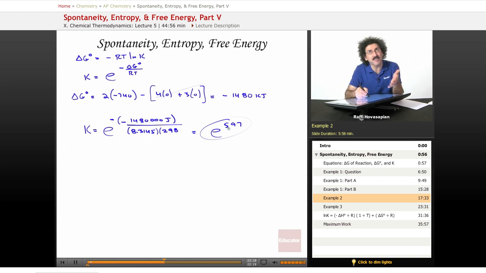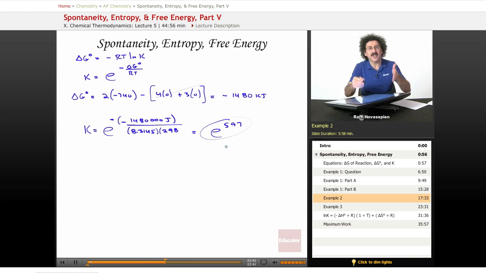That means that the products are so much and the reactants are virtually 0. This is virtually infinite. So it is equilibrium, but a high equilibrium constant pretty much tells you you're talking about completion. There is no reactant left. It's all product.